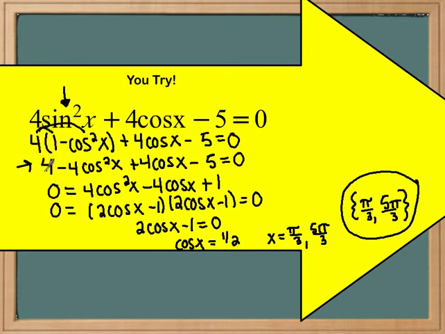And I was about to combine my like terms, but I already recognized that would leave me with a negative first term. My quadratic term would be negative, so I moved everything to the right and combined like terms here. Then you can factor with MAF, and what you notice is you have identical factors. So I don't have to set them both to 0 because we know they're going to make the same answer. And those answers turned out to be pi over 3 and 5 pi over 3.